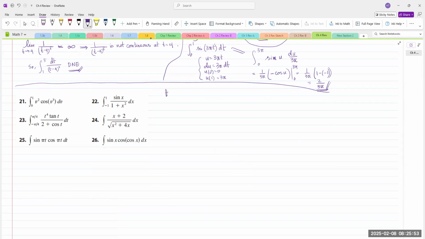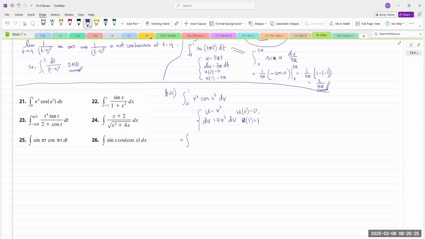Okay, number 21. Integral from 0 to 1 of phi squared cosine phi cubed d phi. So u equals phi cubed. du is 3 phi squared d phi. At 0, that's 0. At 1, that's still 1.